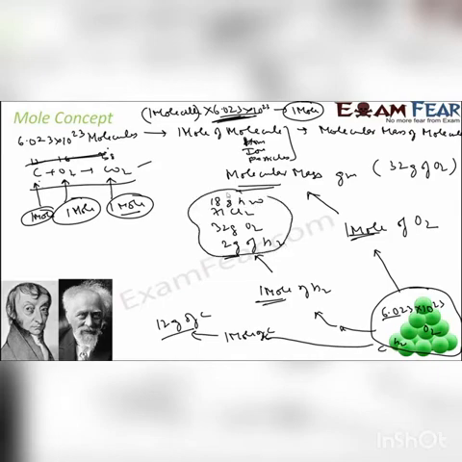These are all 1 mole. Now all these will have how many particles? This magical number 6.023 into 10 to the power 23. Please note it is experimentally determined and it is called Avogadro constant. It is all experimental value.